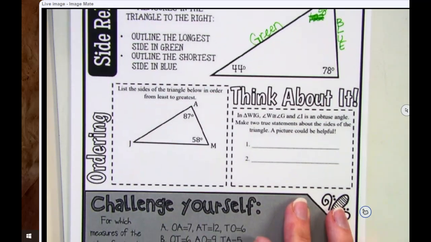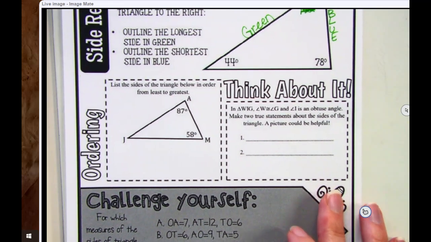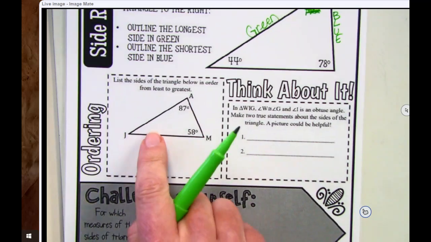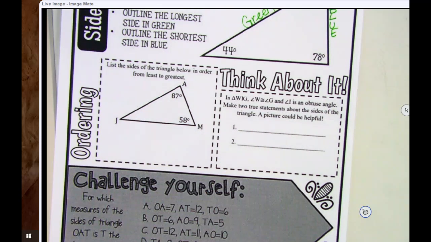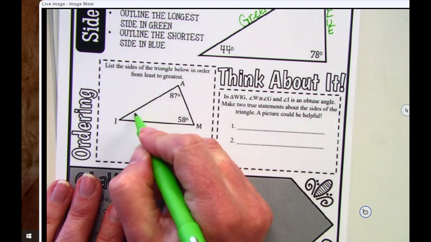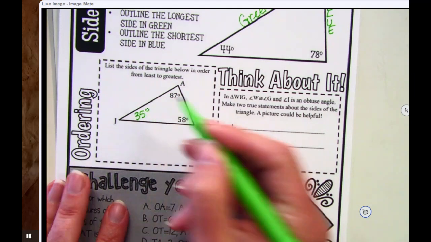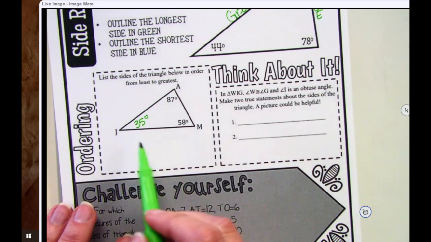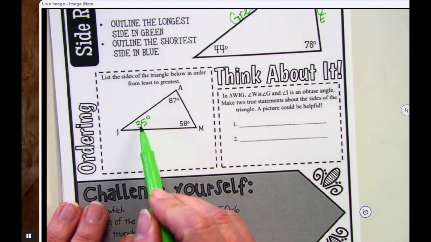List the sides in the triangle in order from least to greatest, so I've got to figure out that third angle again, right? 180 minus minus. It is 35. So sides from least to greatest. Here's my smallest angle.